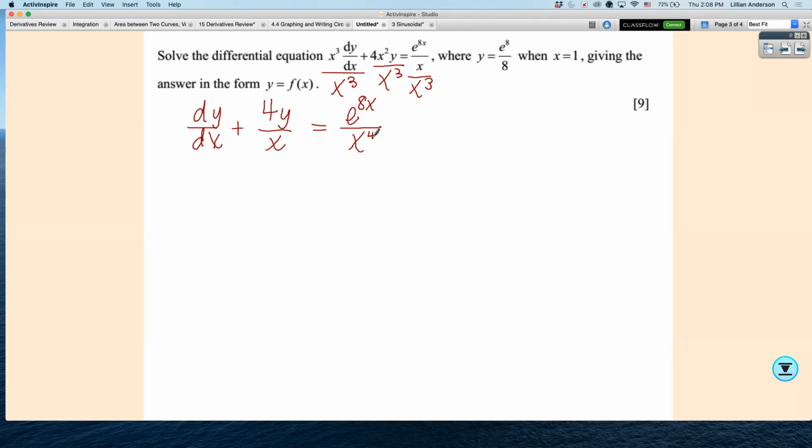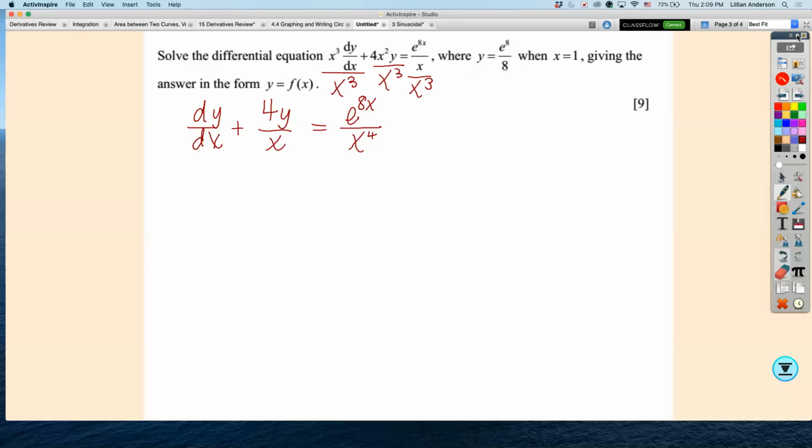This is in the structure of an integrating factor problem. So this is the integrating factor one that you want to use, because remember, integrating factors are in the form dy over dx plus p of x times y equals q. That particular form was from Tuesday.